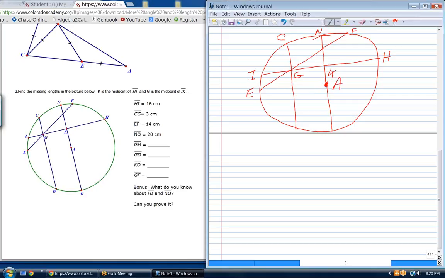A is the center of the circle. All right, so let's label stuff. HI is 16 all the way across, and it goes through the diameter. So KH is what?